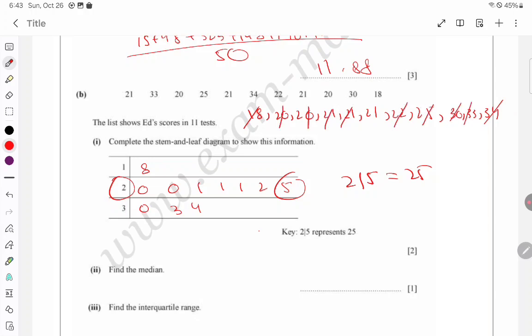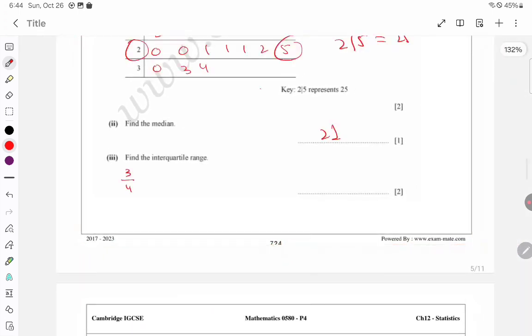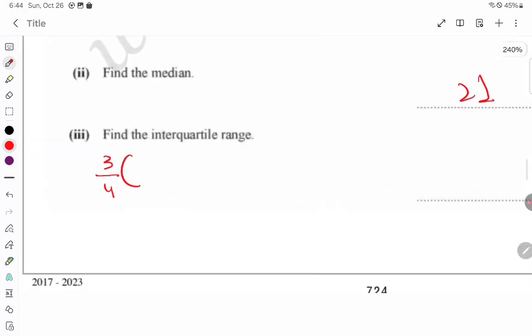We get 21 as the median. Now find the interquartile range. For the upper quartile, we use the formula of 3 over 4 multiplied by the n plus 1 value, because we are calculating the nth value.